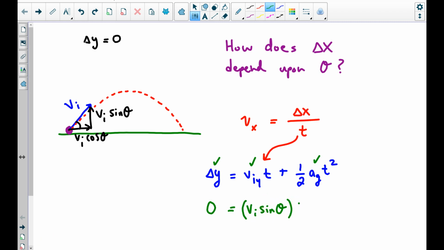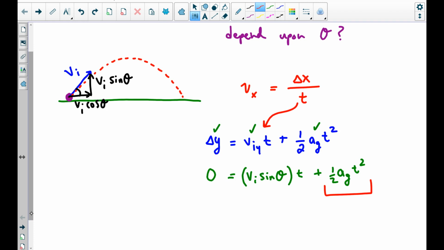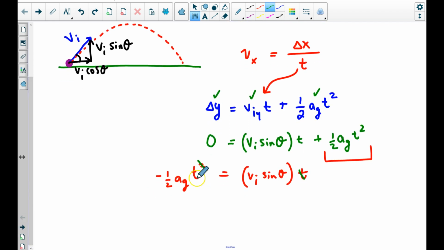The initial y velocity is vi sine theta. Let's subtract this from both sides to move it to the left. When I subtract, I get negative 1/2 agt squared equals vi sine theta multiplied by time. Notice that I could divide both sides by t and cancel one of those t's. We're almost finished isolating t, which helps us, remember, plug back into this equation.